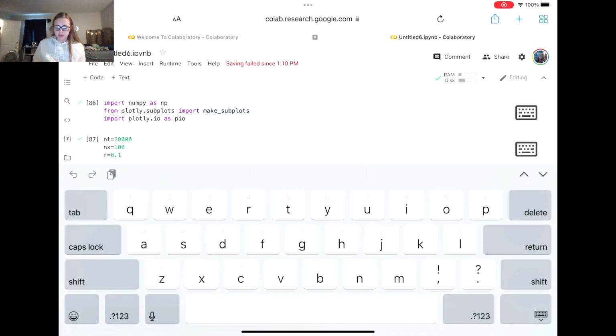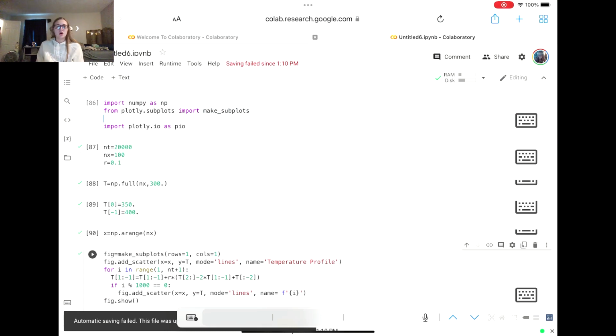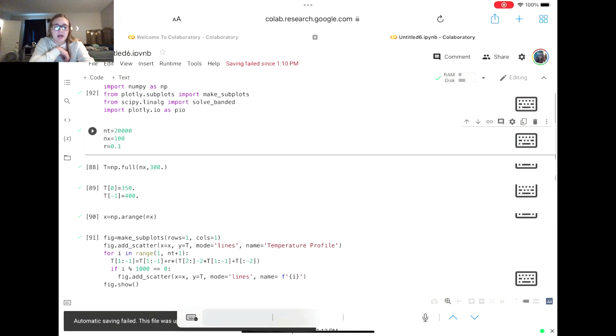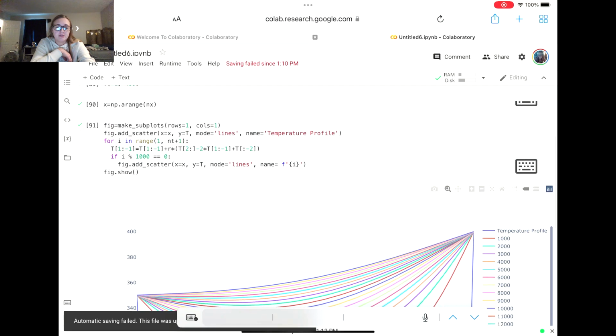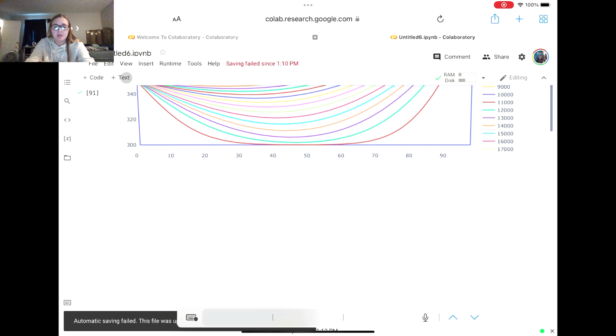So the first thing that we want to do in order for our matrix to show up, from SciPy, we're going to import solve_banded. Okay. So this is the same code that we had already from our previous videos. So we're just going to add to it.